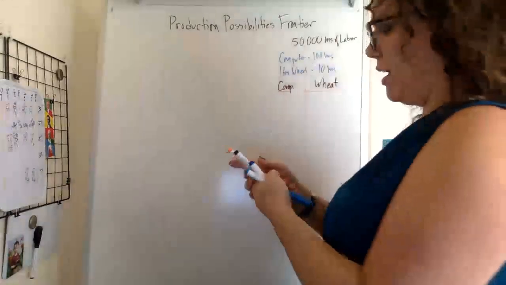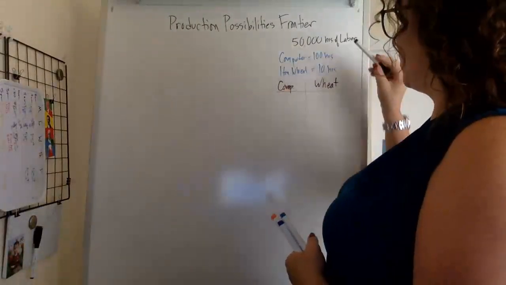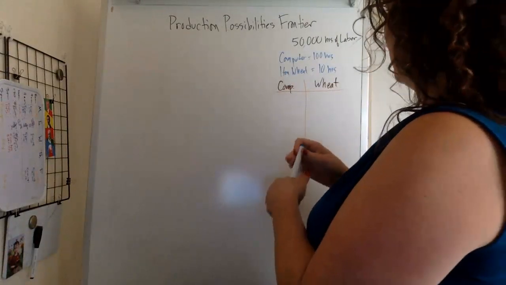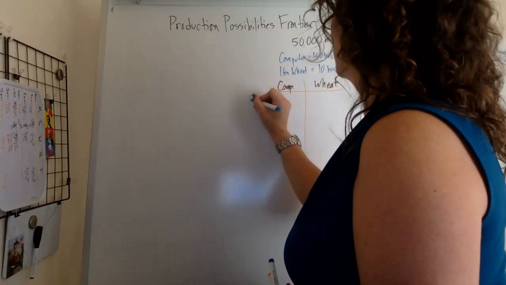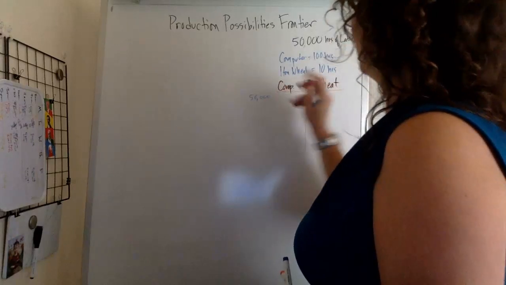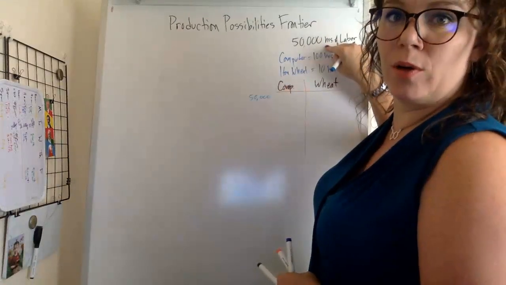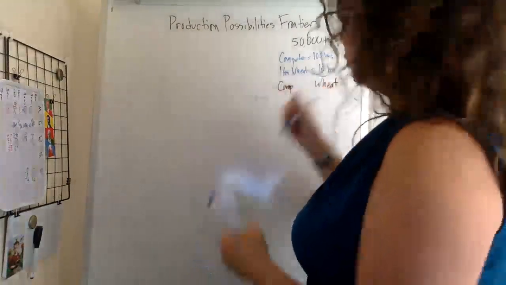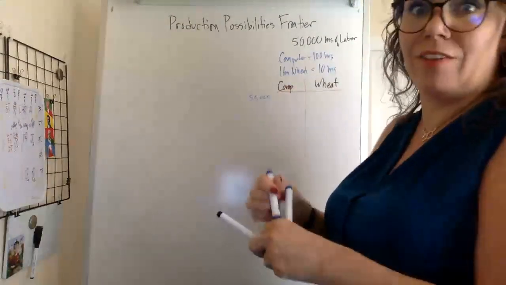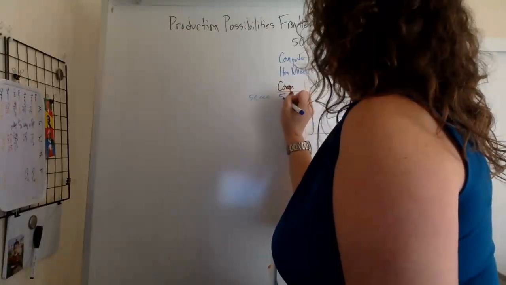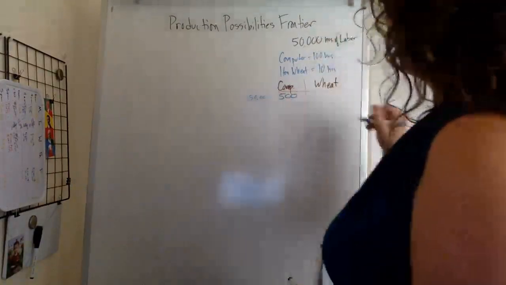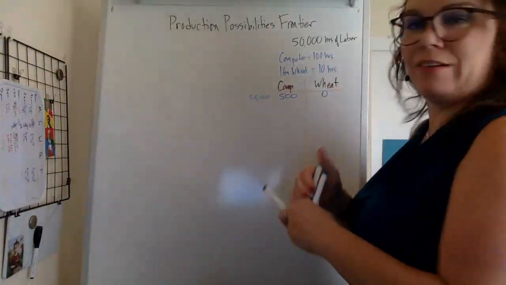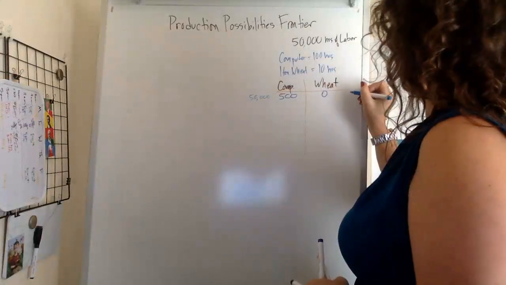Okay. And so if we spend all 50,000 hours of labor making computers, then by dividing 50,000 hours of labor by 100 hours per computer, we see that we can produce 500 computers. However, then we won't be able to produce any wheat because we won't have any labor hours left for that wheat.